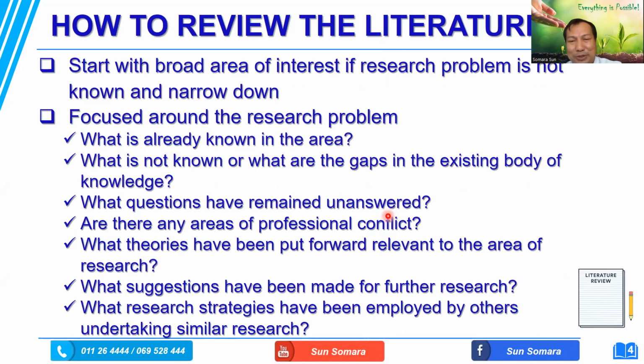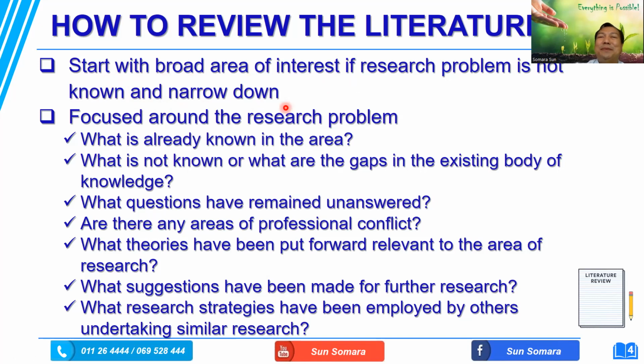Okay, so let's move to this part. We can stop and check how to review the literature. The first one is to start with a broad area of interest if the research problem is not known, and then narrow down.